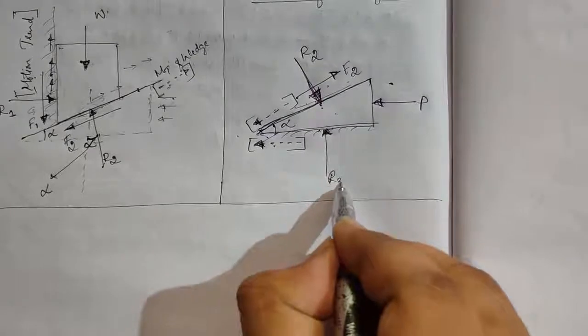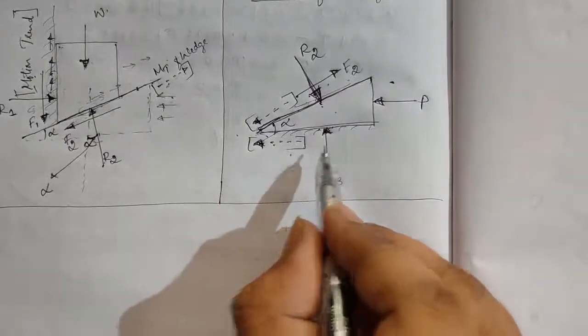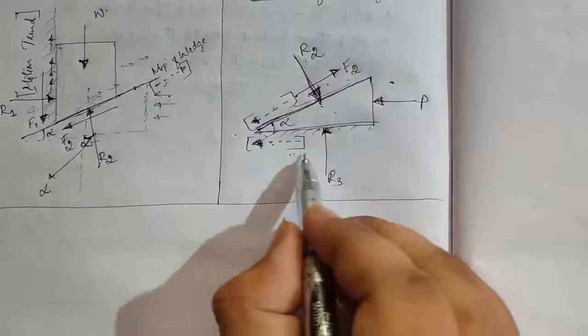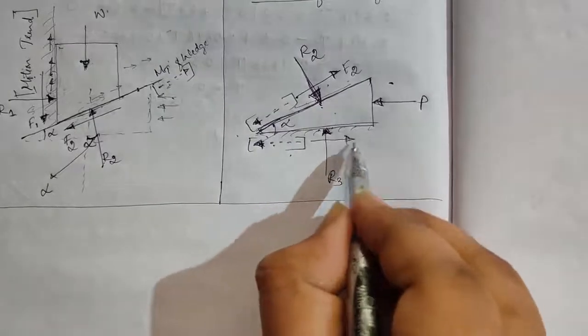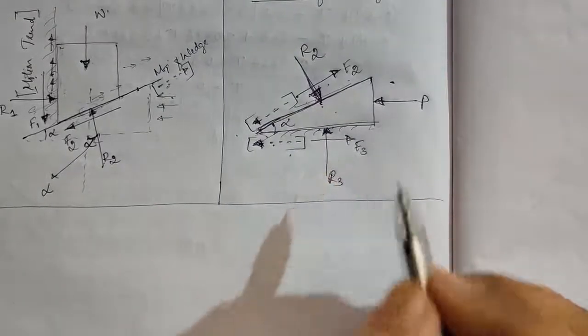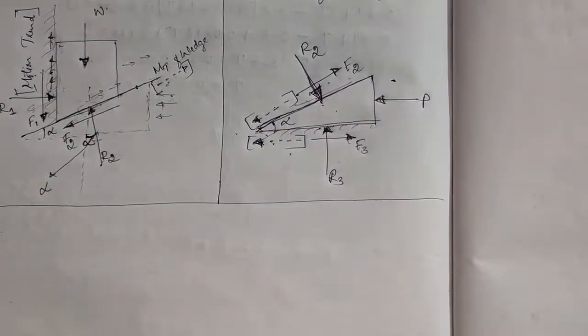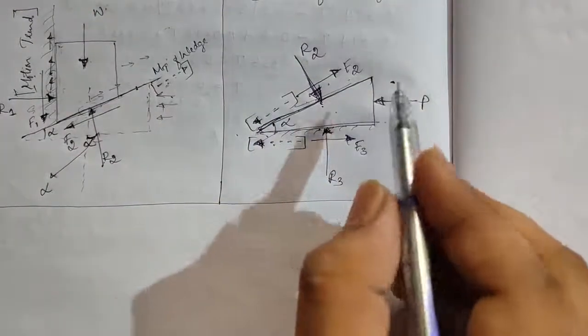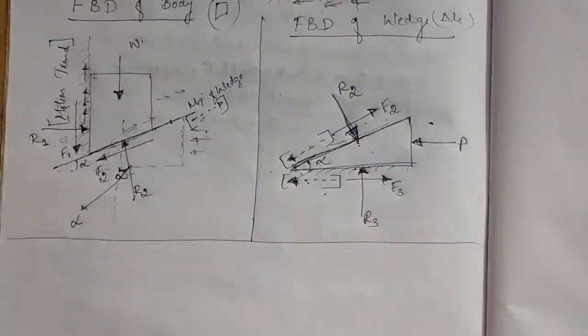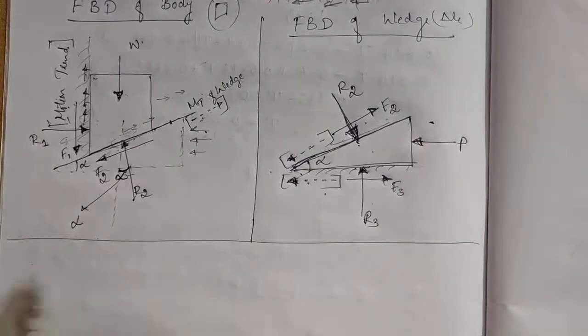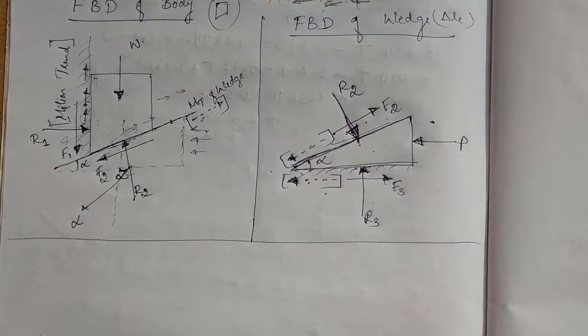Same way, this is R3, so motion is like this, it's going towards the wall, so the F3 will be in this direction. Okay, clear? Angle alpha, P. This I need you to understand. This is very important when we solve a wedge problem.